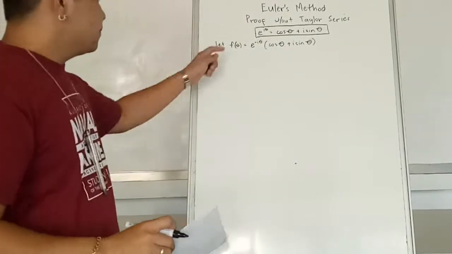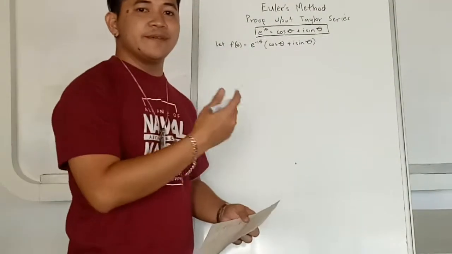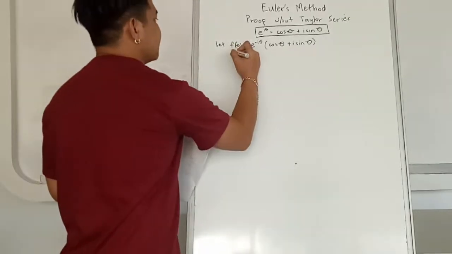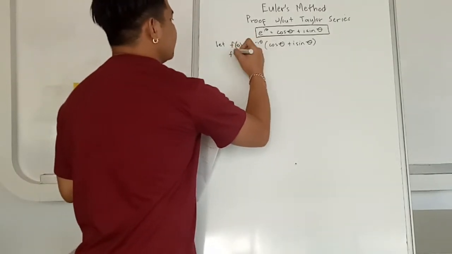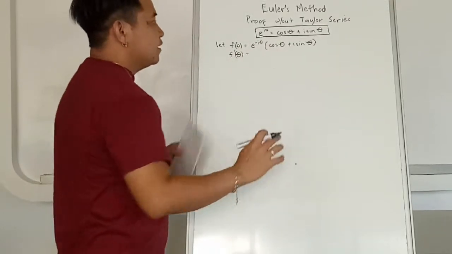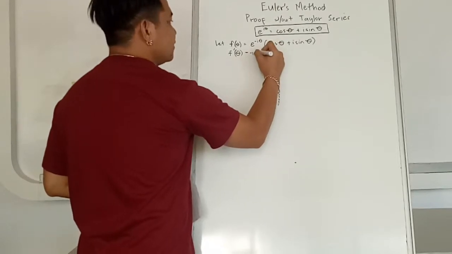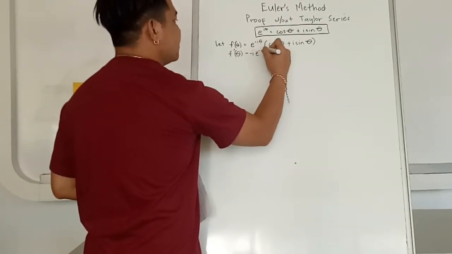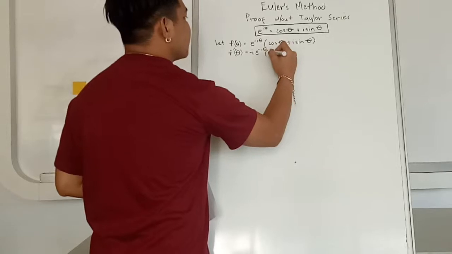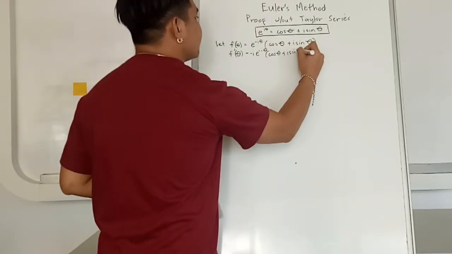So from this formula, we derive this, and the derivative of f of theta is negative i e raised to negative i theta times cosine theta plus i sine theta.